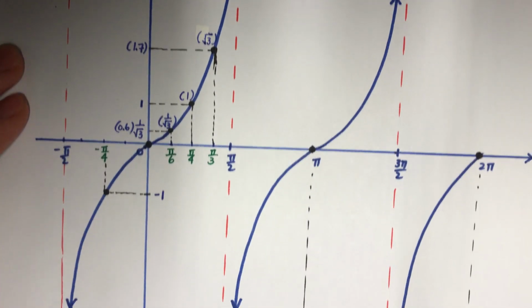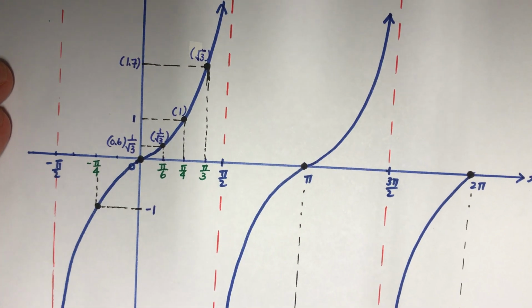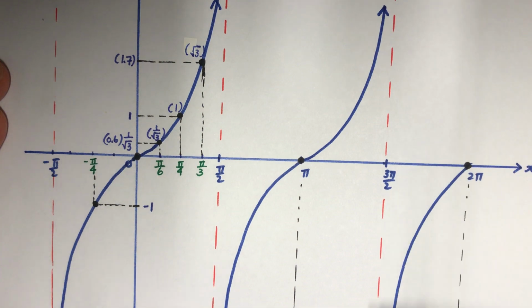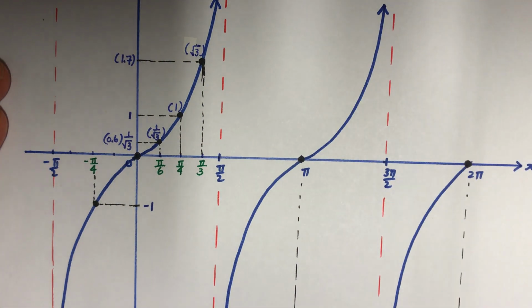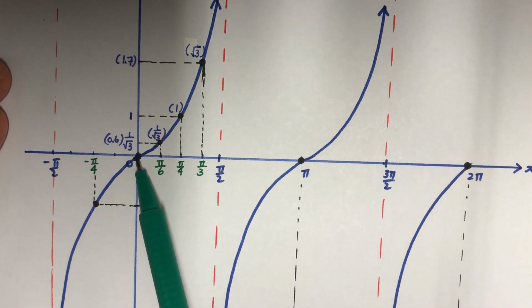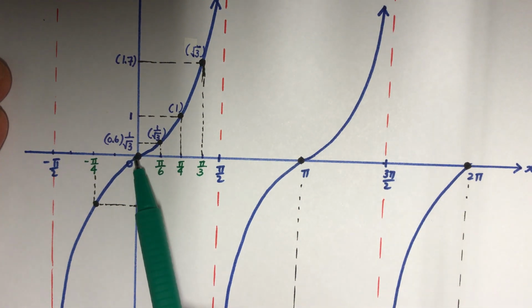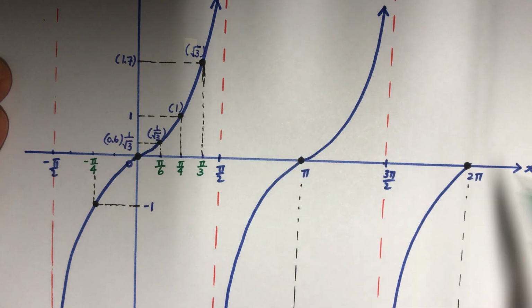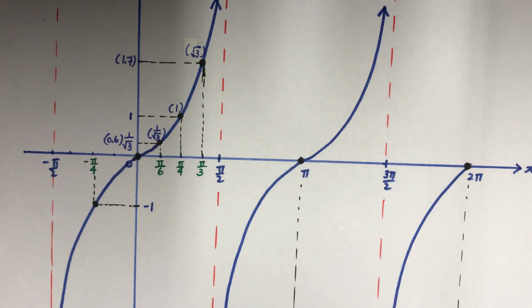Let's have a look at this, and that's what it is. We get the asymptotes at 90 and 270. The red dotted line is the asymptotes. And then the x-intercepts will be at 0, and then pi and 2 pi, because sine x is 0 there.